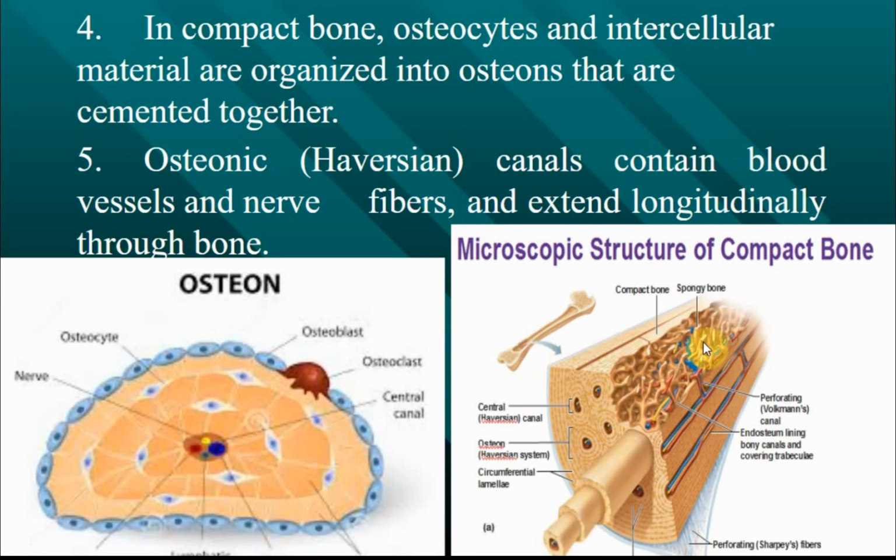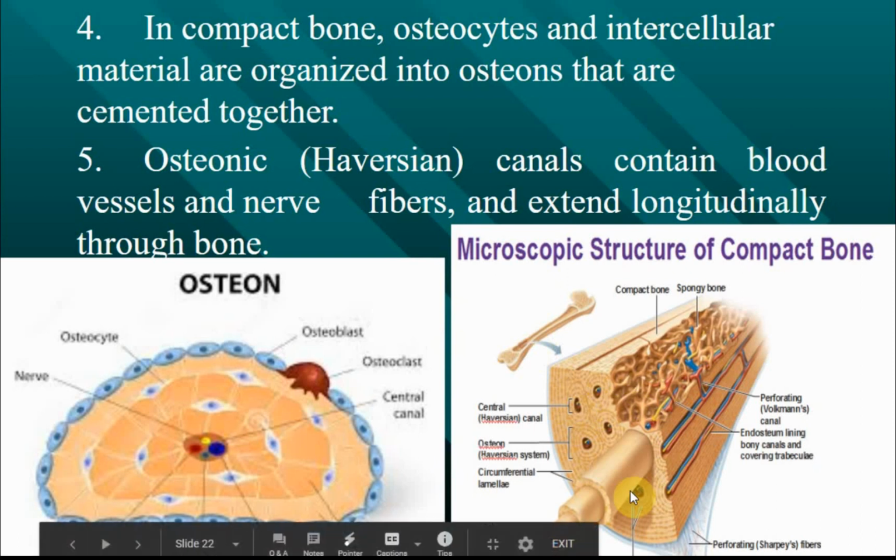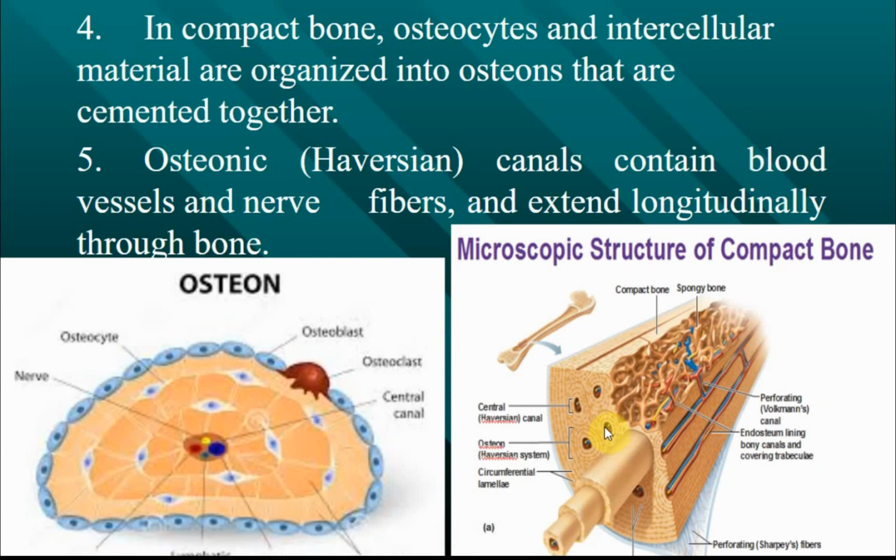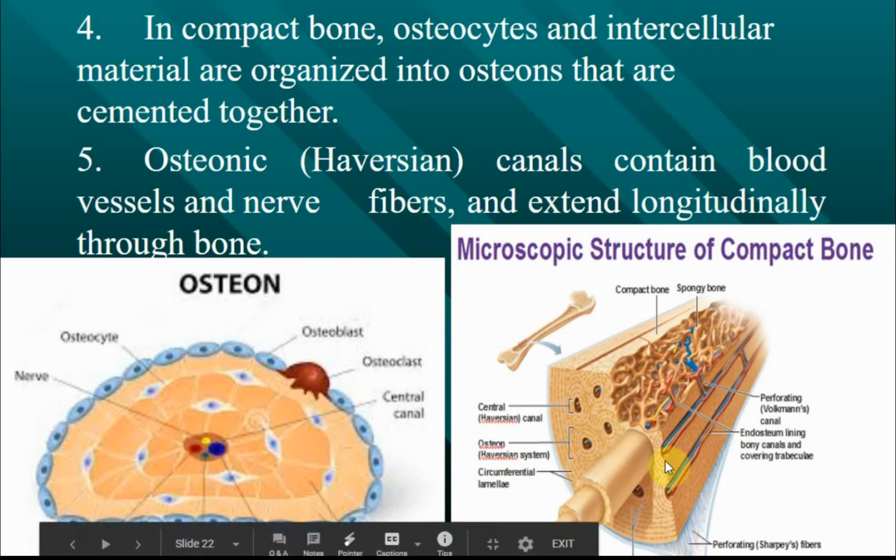The stuff at the very end is spongy bone, but this is all compact bone here. You can see these canals that run longitudinally up and down the osteons. There's a little canal here that has blood vessels, nerves, and lymph vessels in it.